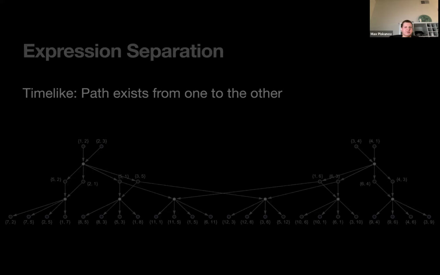Time-like means that there is a path that exists from one to another. So for instance, for this pair of expressions, 1, 2 and 2, 5, they are time-like because they're causally related. There is a path in the expression event graph from one to the other one.